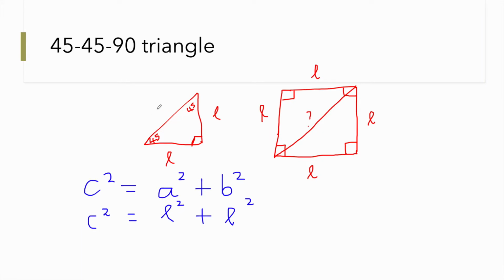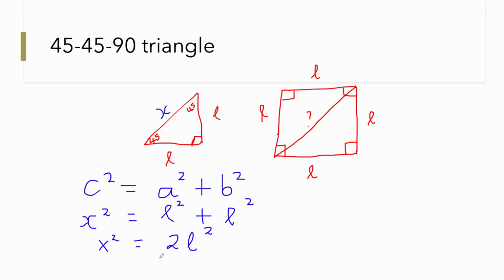To make it easy for you, let's call this side X that we're looking for. So I'll say X squared. Now, we are going to solve for X by adding this. L squared plus L squared will be 2L squared. This is equal to X squared.